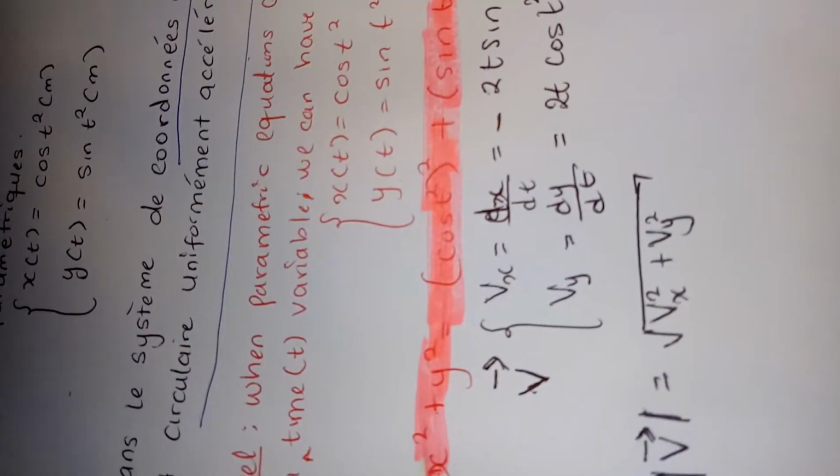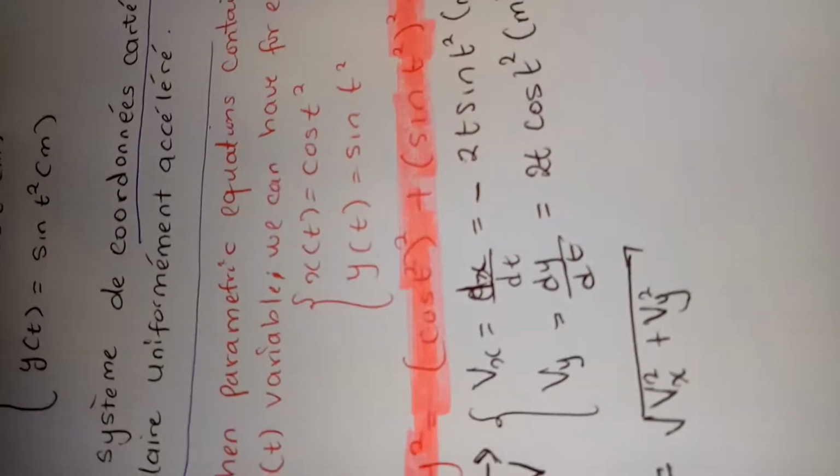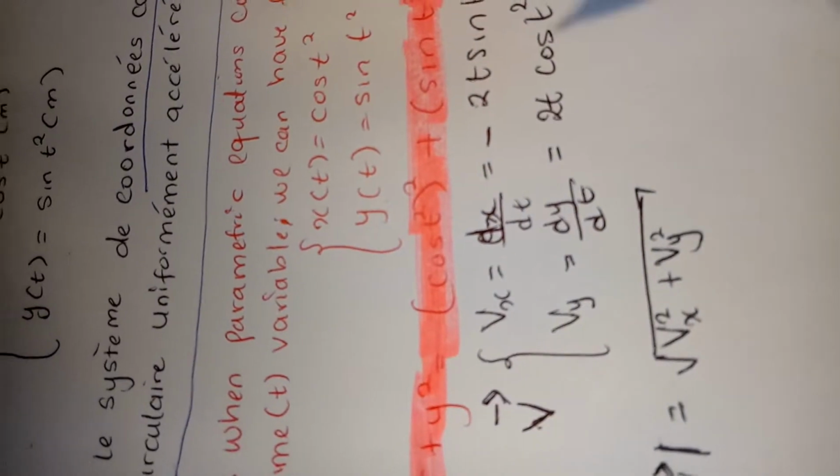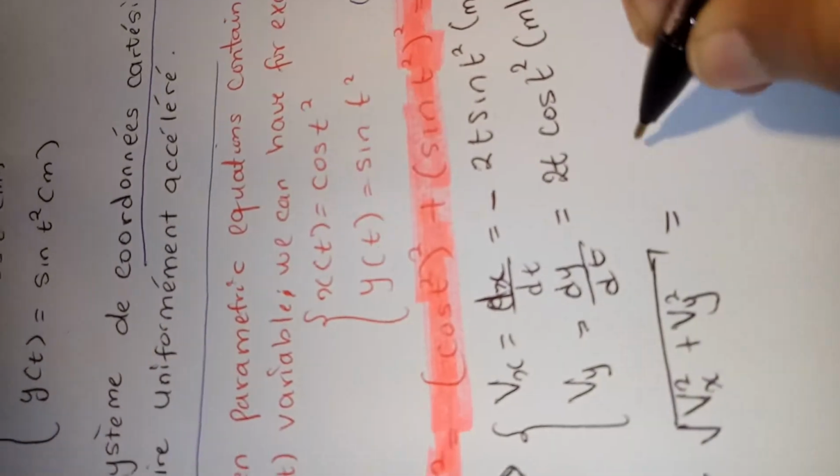At this point, we are going to replace our vx and raise it to the power of 2, and then our vy and also raise it to the power of 2.